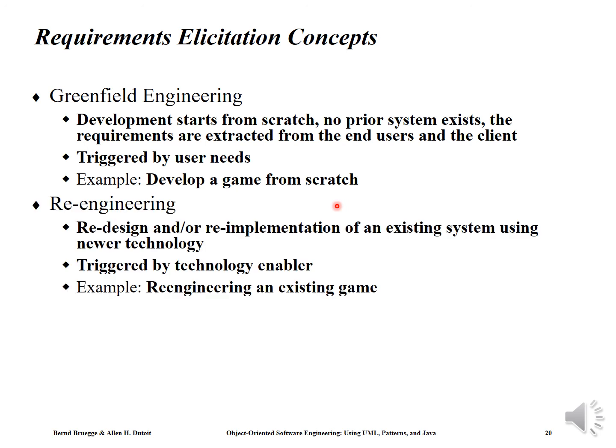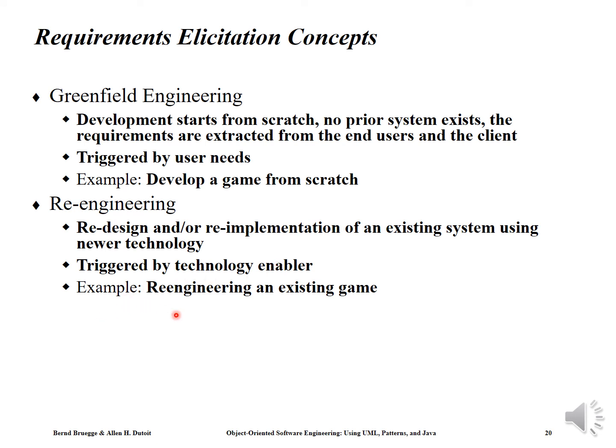Next is re-engineering. As the name indicates, it is the redesign and re-implementation of an existing system triggered by technology enablers or business processes. So in this, the essential purpose of the system remains the same. So the requirements of the new system are extracted from the existing system.